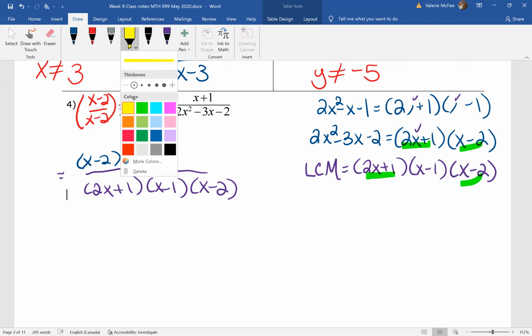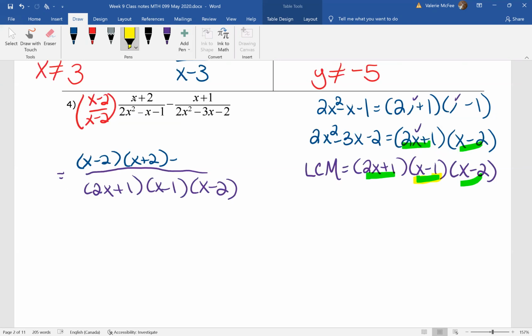We see that we're missing x minus 1. So we need to multiply the numerator and the denominator by that missing factor. Why don't you simplify that and find the final answer in factored form?